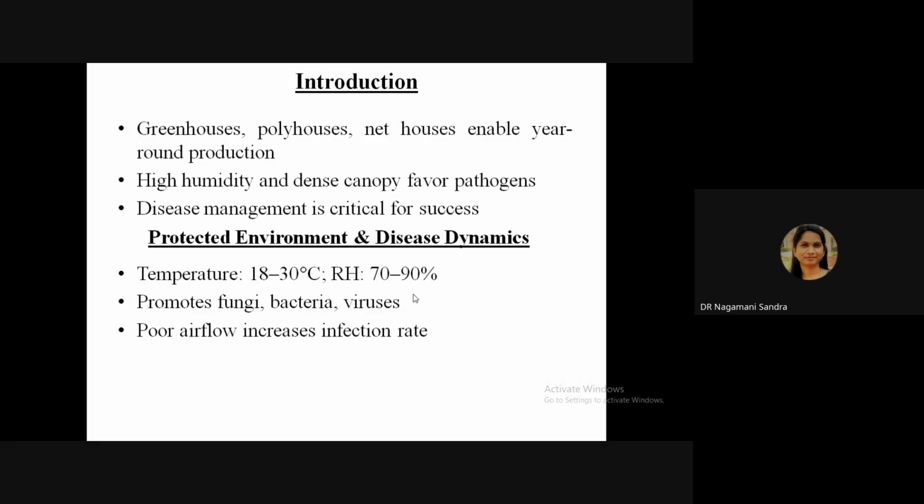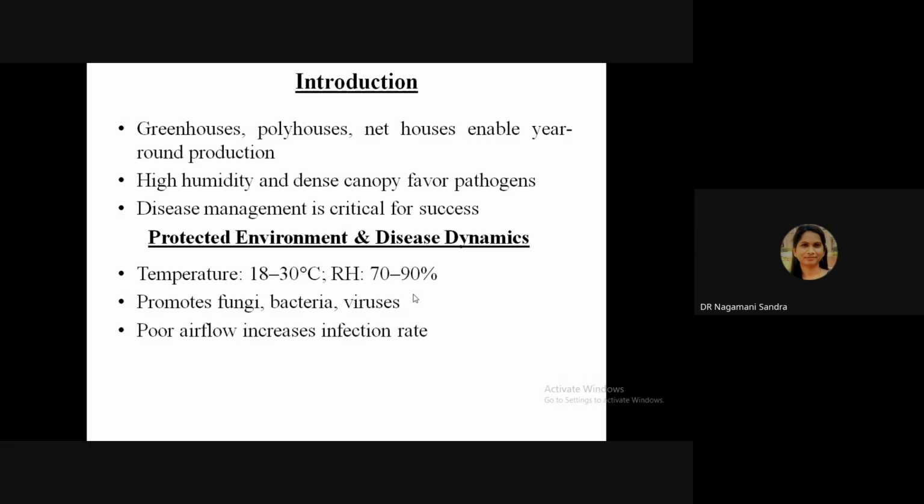Because protected cultivation is a covered structure, high humidity is sometimes maintained, and the canopy becomes dense if you are not following proper spacing. This dense canopy favors the pathogens. In such cases, disease management is the critical issue for a successful crop.